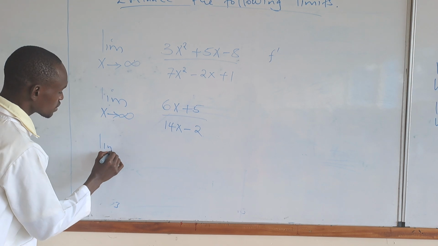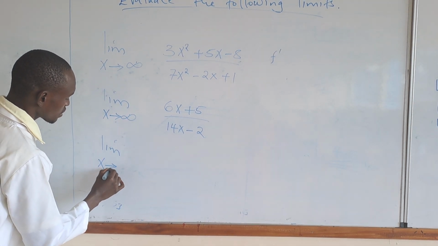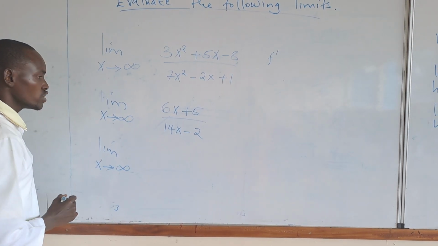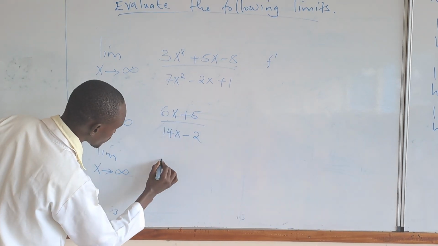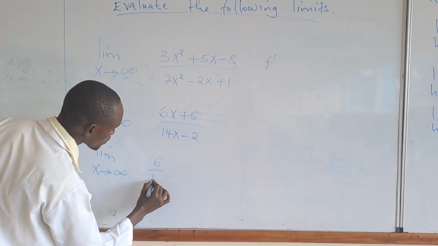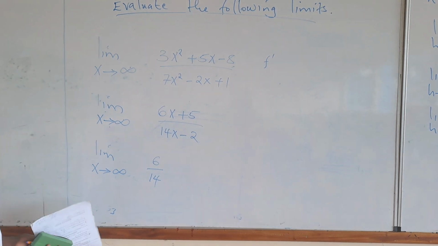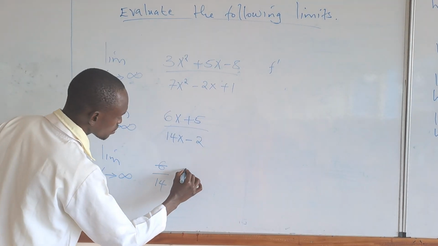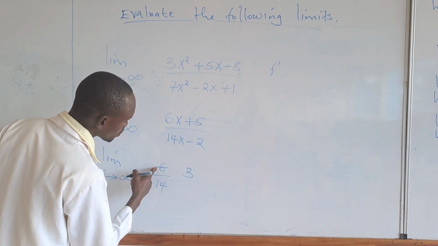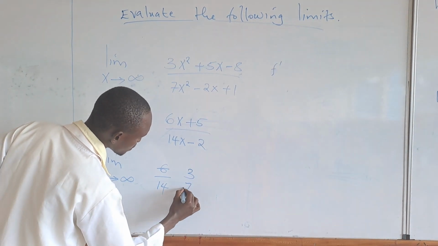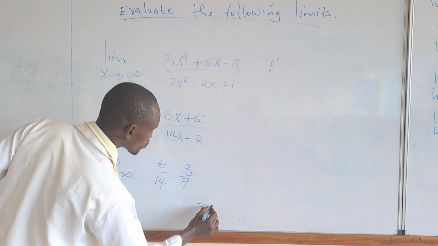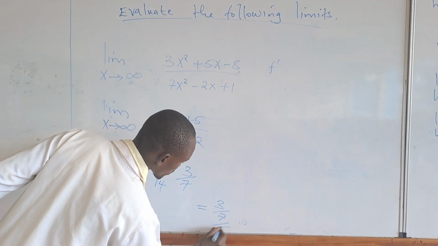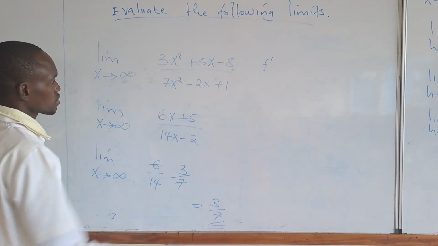So the limit as x tends to positive infinity gives us 6 over 14. This will be 3 over 7, since 2 goes into 6 three times and 2 goes into 14 seven times. So our limit becomes 3 over 7.